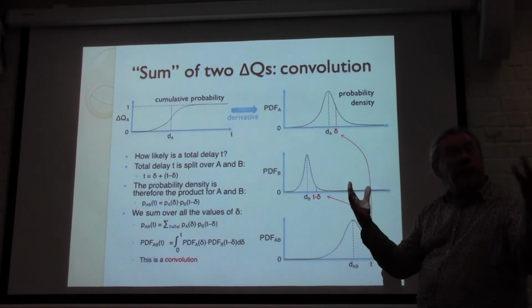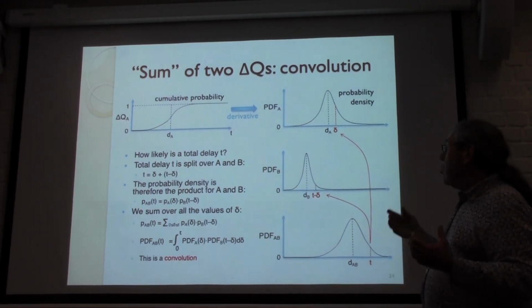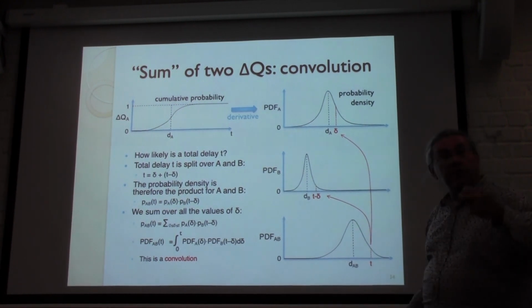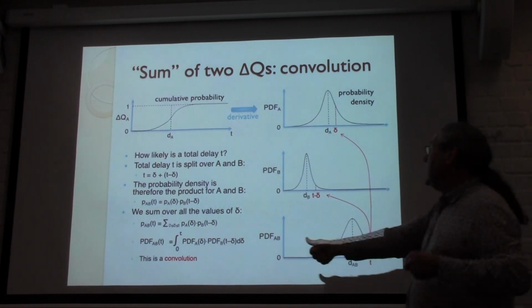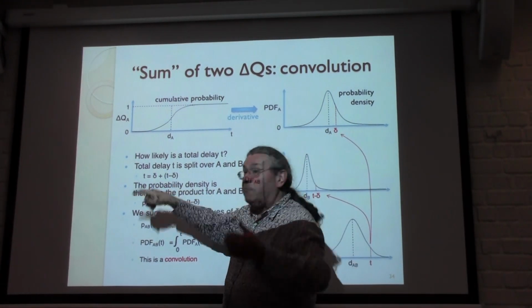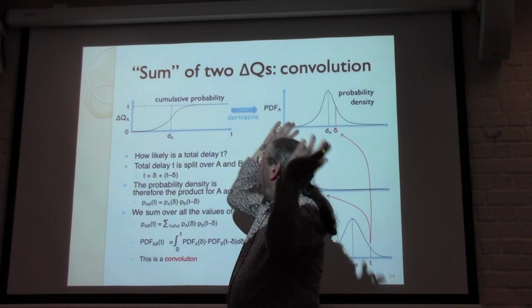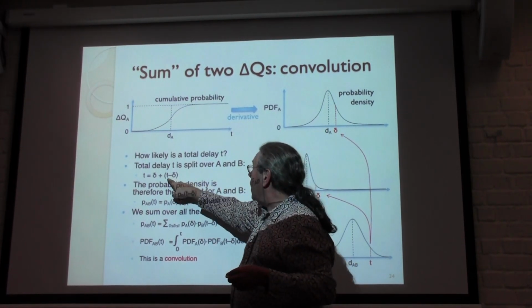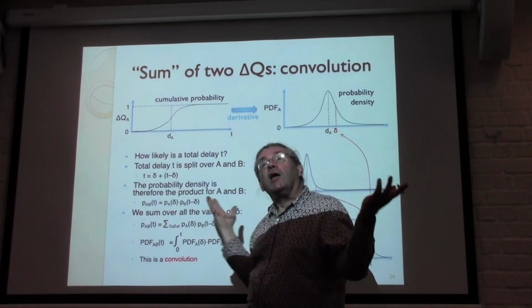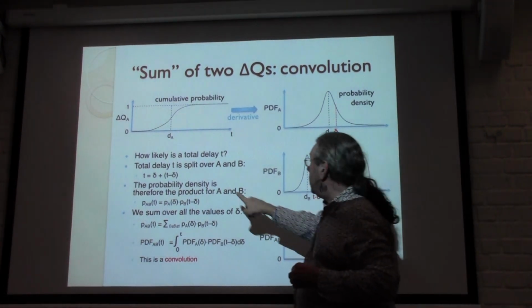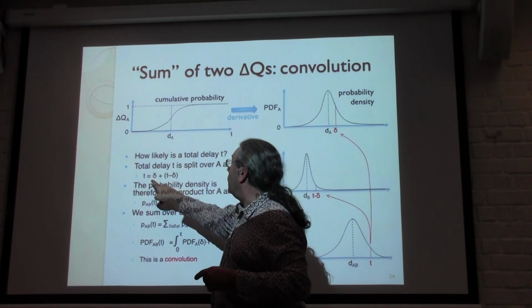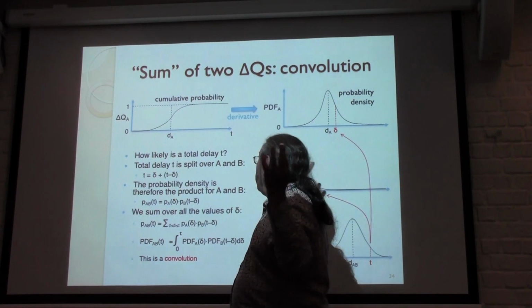Well, I'm connecting A and B. If the total delay is T, then there will be some delay in the first one and some delay in the second one. So the component A will have some delay, which I call delta, and B will have some other delay, which has to be T minus delta. Okay? You see that? If the total delay is T, then if I split it over A and B, I get something like this, with some value delta.